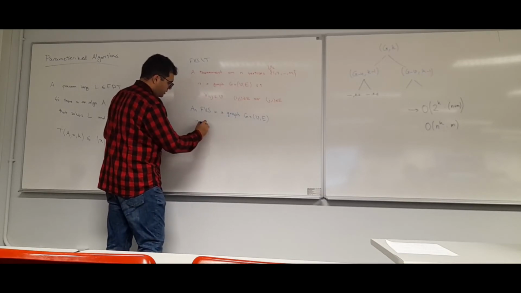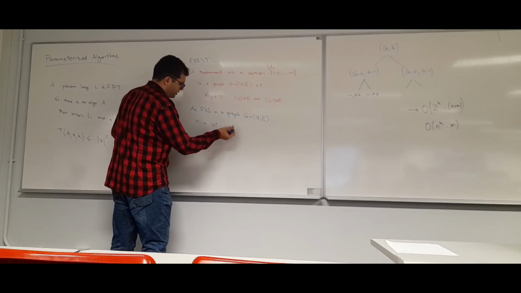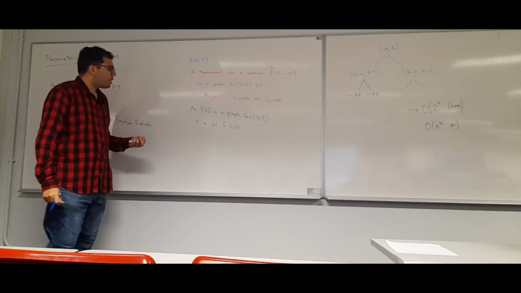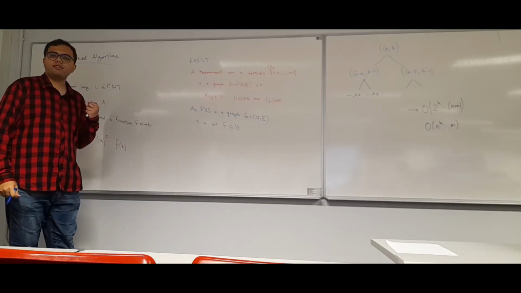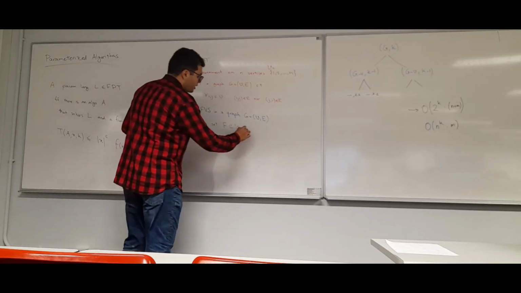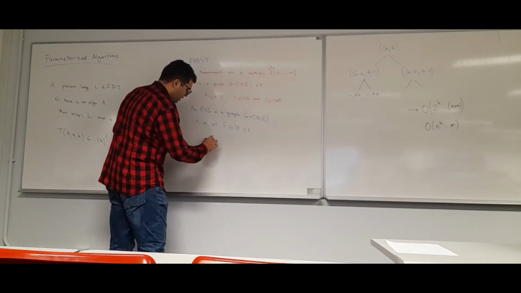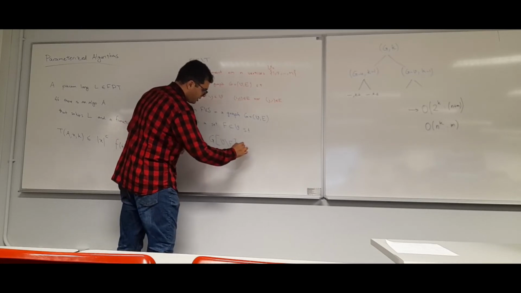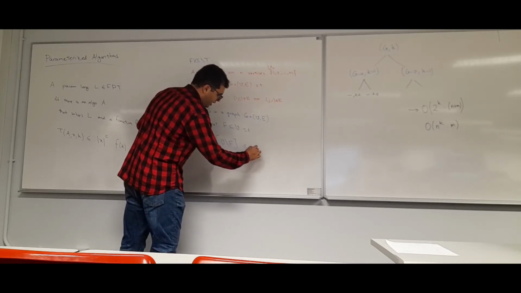So it's a set, let's call it F, a subset of my vertices, such that if I remove these vertices from my graph, then I will no longer have any cycles in the graph. Such that if I take G and I remove F from it, then I have no cycles.